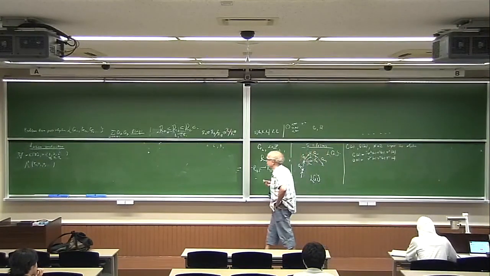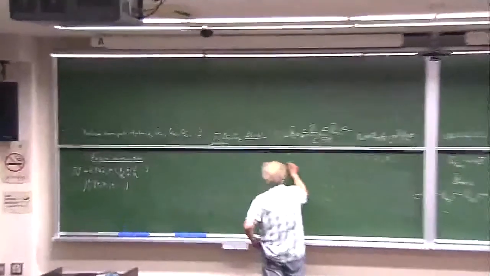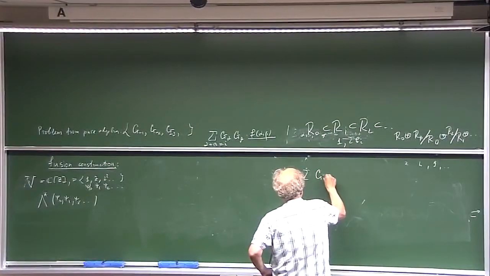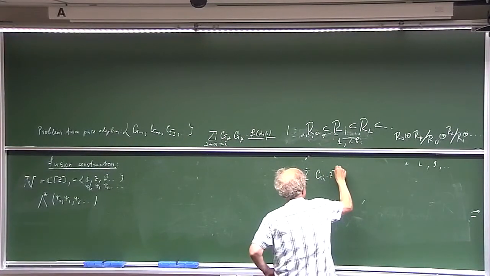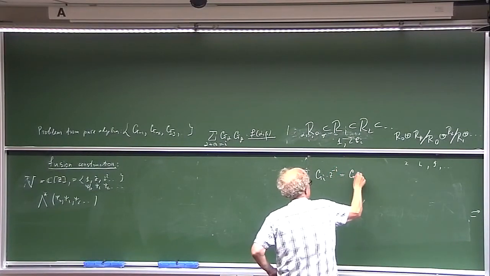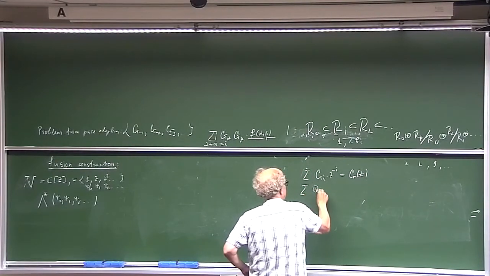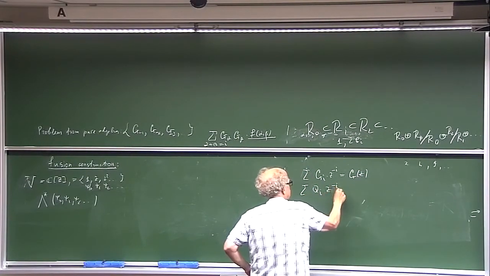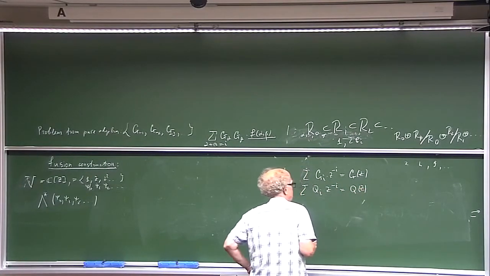Anyway, our problem is the following: we have the sum of Gi z to the minus i, which is GZ, and we have the sum of Qi z to the minus i, which is equal to QZ.